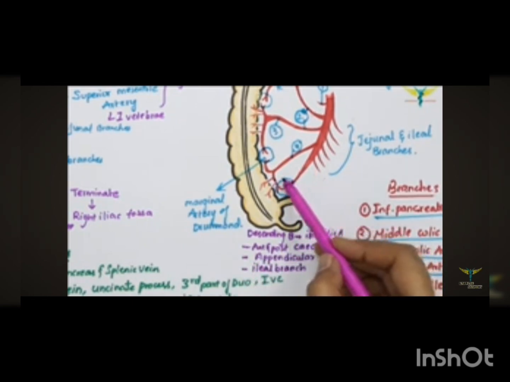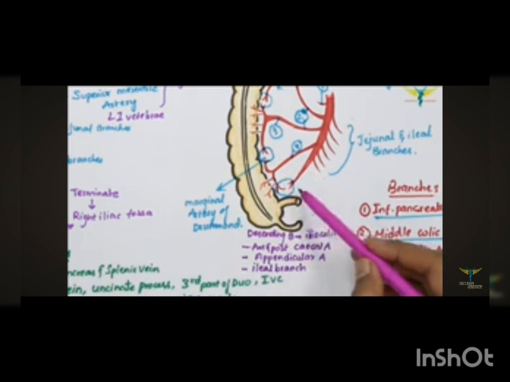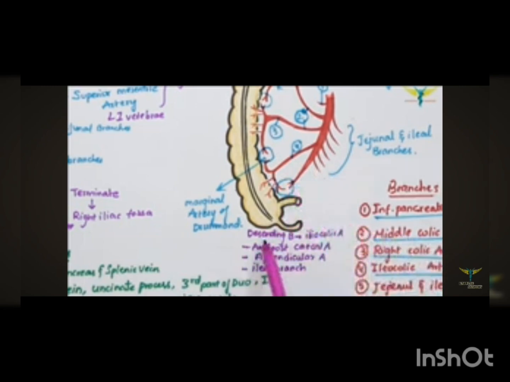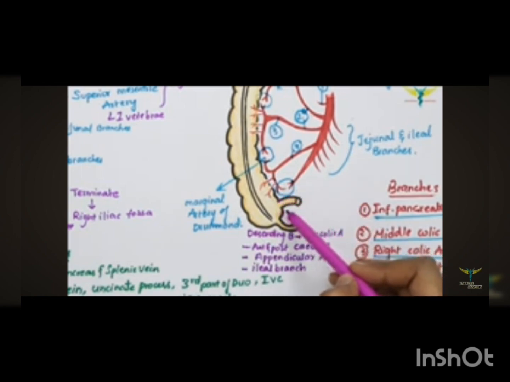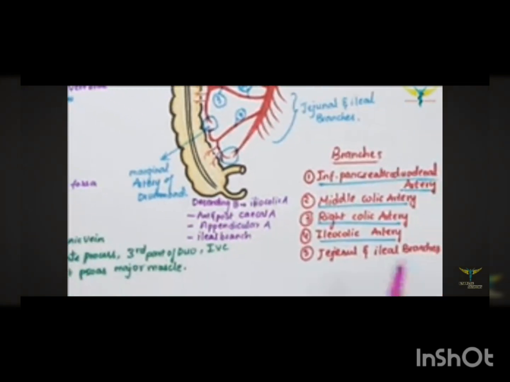As its location is nearer to the cecum, appendix and the ileum, this descending branch of the ileocolic artery gives anterior and posterior cecal arteries, an appendicular artery for the appendix, and an ileal branch for the terminal part of the ileum.